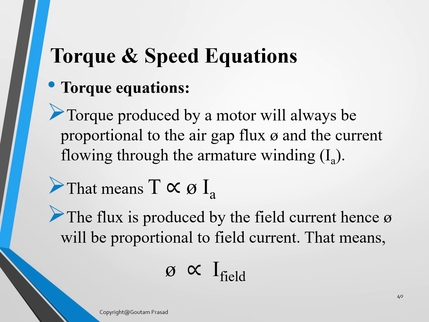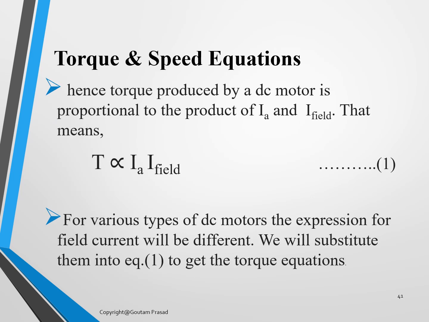Phi is the flux because of the shunt field or the series field, and Ia is the armature current. And the flux produced by the field current is phi, and that is proportional to the field current. That means phi is directly proportional to I field. So torque thus becomes proportional to the product of armature current and the field current.